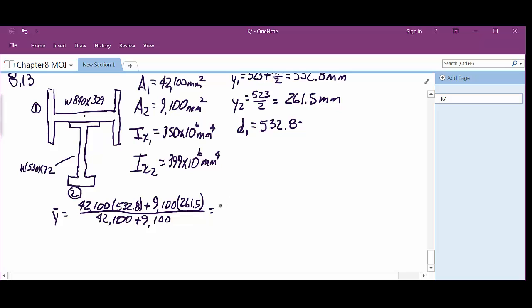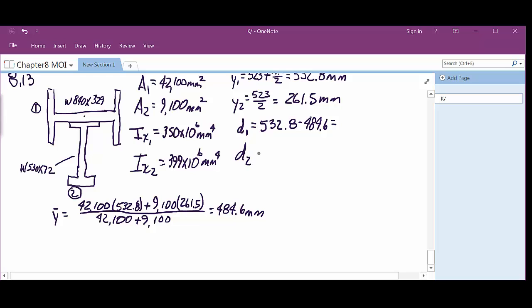That turns out to be 484.6 millimeters. So 484.6.